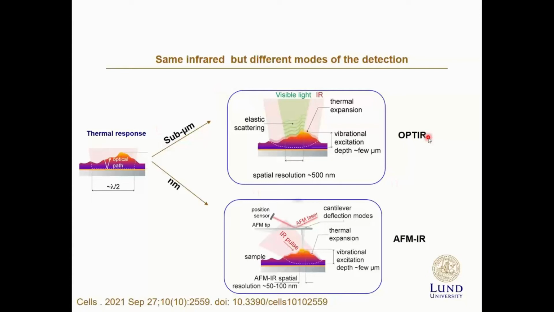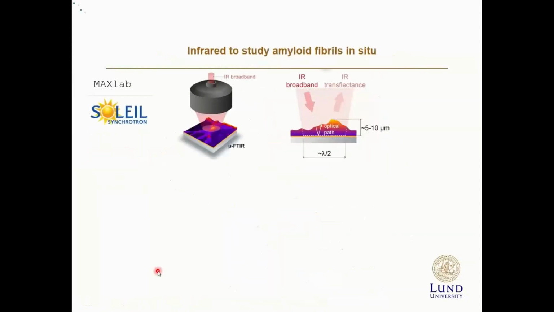One is optical photothermal infrared, when we use visible laser light to detect the sample response to the infrared light, and another technique allows nanoscale resolution detection of the infrared signal coming from the sample.